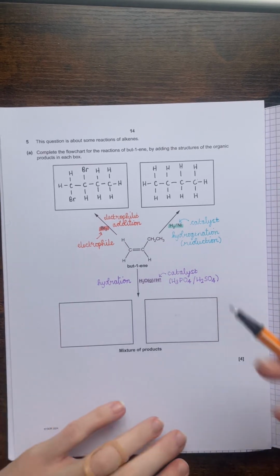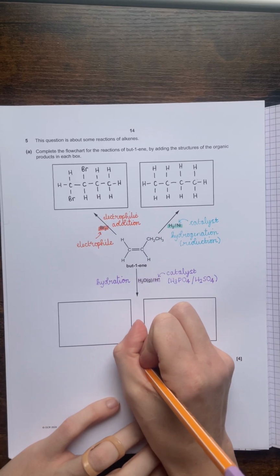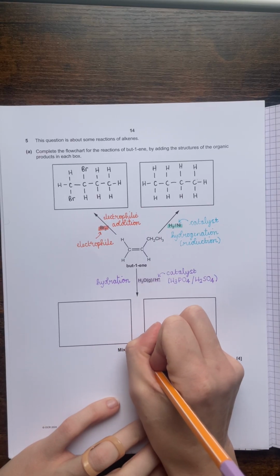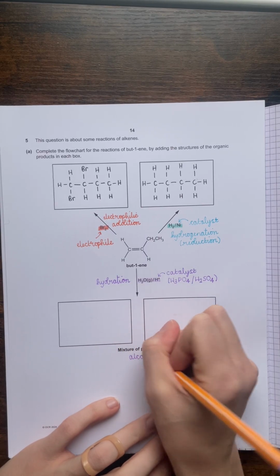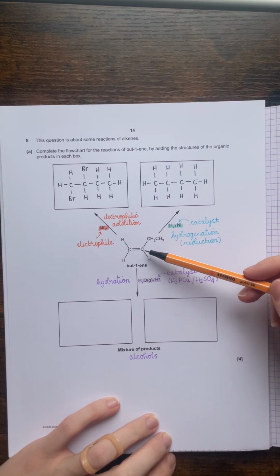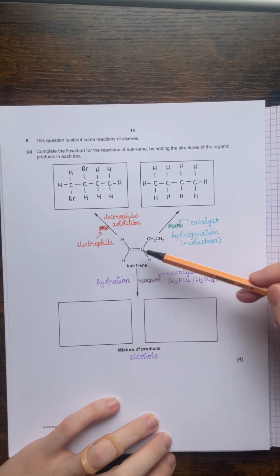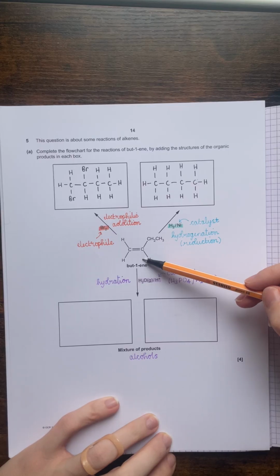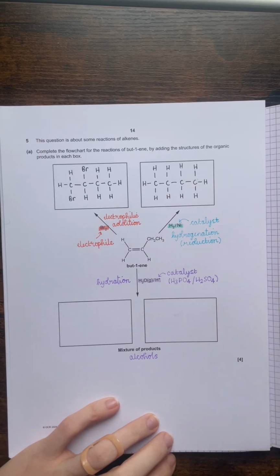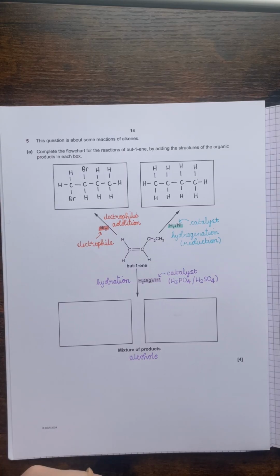So the mixture of products we're going to make will be alcohols. And because it's an asymmetrical alkene, whether the first carbon gets the H and the second carbon gets the OH, or vice versa, is going to give us different alcohols. Hence why there's 2 boxes here.